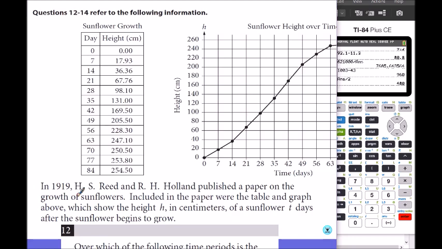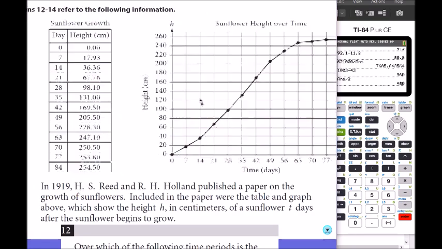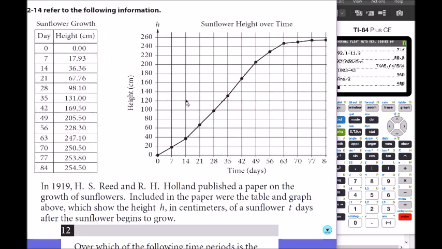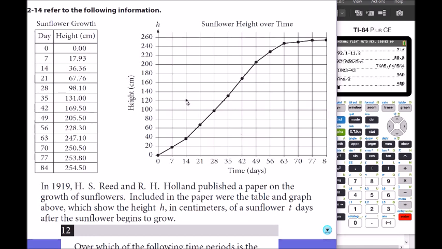12. So here, sunflower growth over time. Okay, I think I cut off some of it, so let me double check. Actually, yeah, 84 is the last value on the x-axis, and we have the y value, so that's good. So 12.